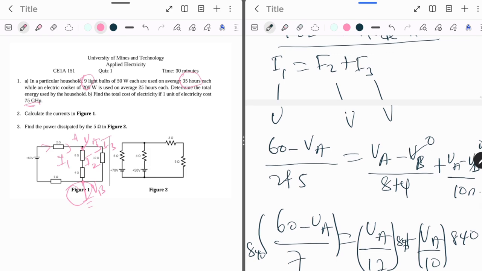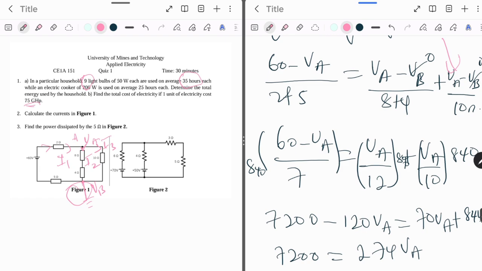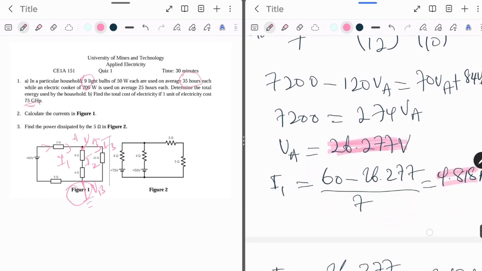And then the last one, which is I3, again we come to this part, we have I3 being equals to this. So you have VA minus VB, so that is just going to be VA over 10.